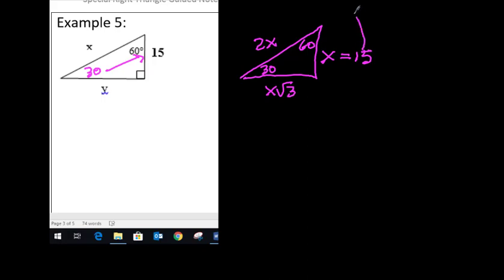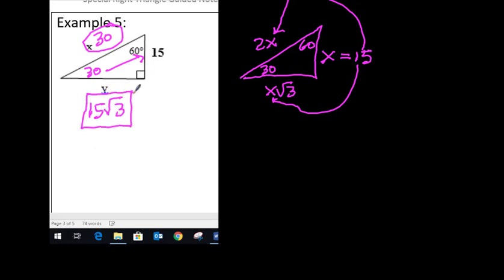So now I just got to plug that in everywhere that I see the x. Nice and easy. So the hypotenuse has got to be 2 times x, or the hypotenuse would be 30. And if I plug in the 15 and add the square root 3, this has got to be 15 square root 3. And look at that. Done and done.